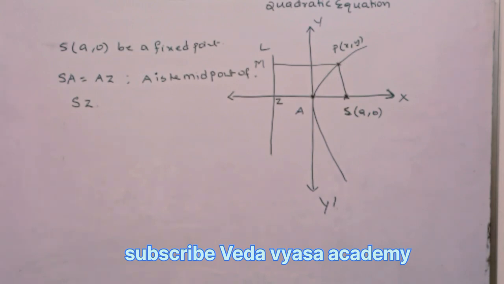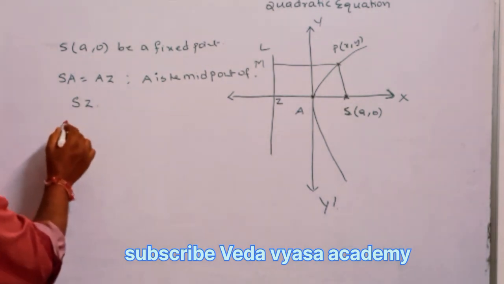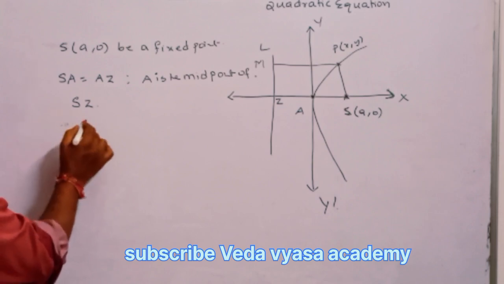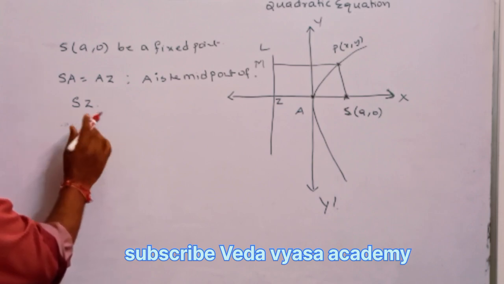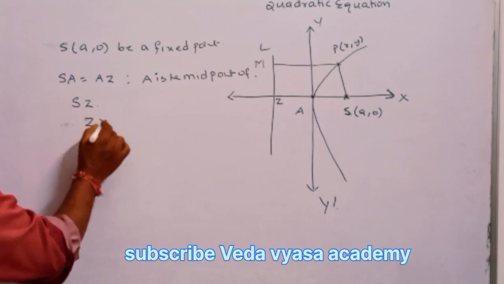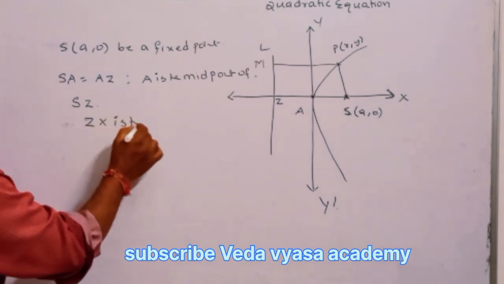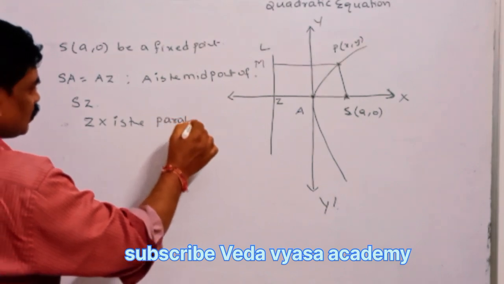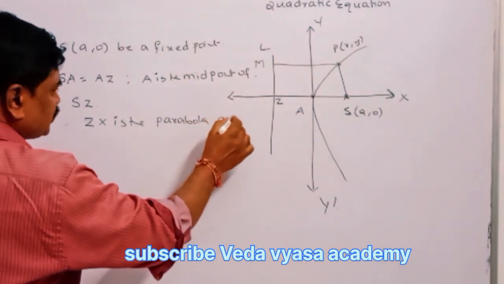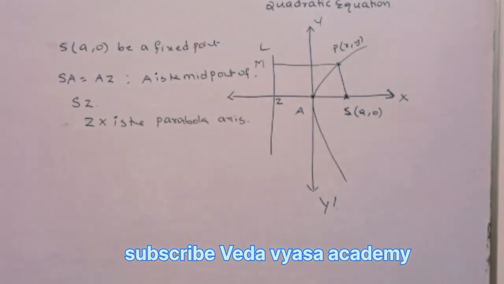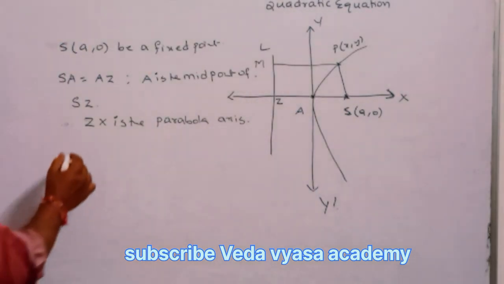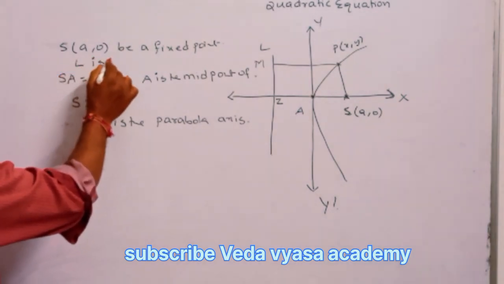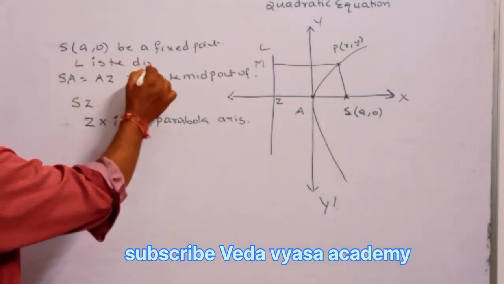Let us consider ZX as the axis of the parabola, and L is the directrix.